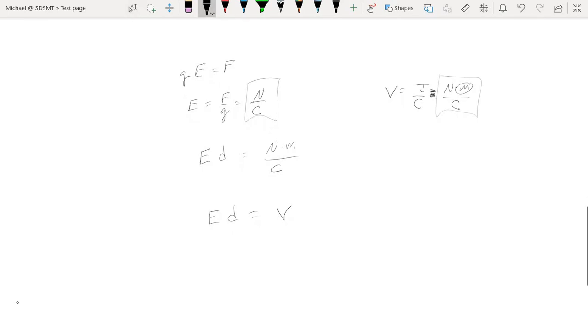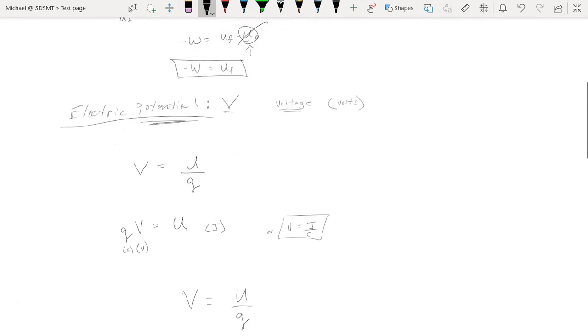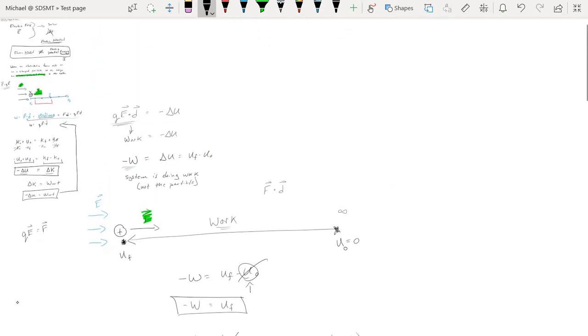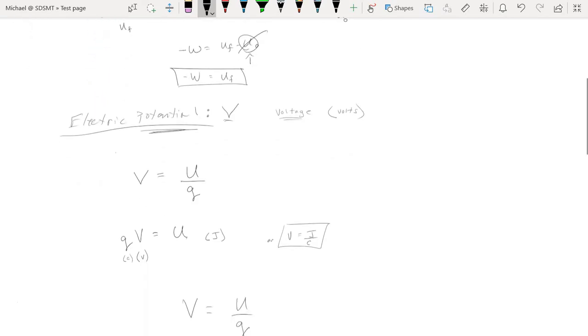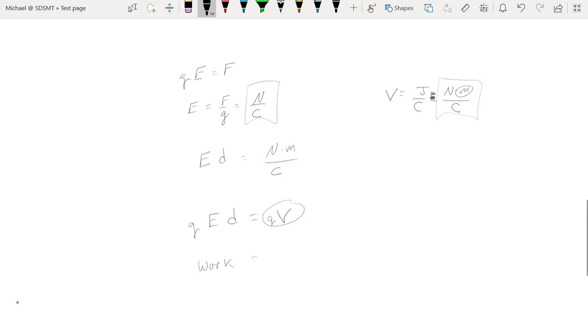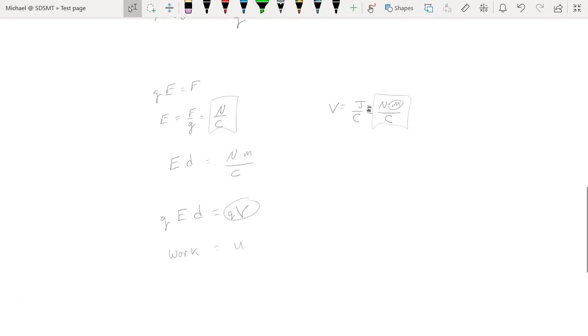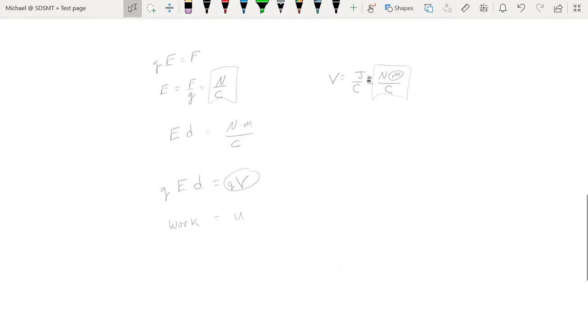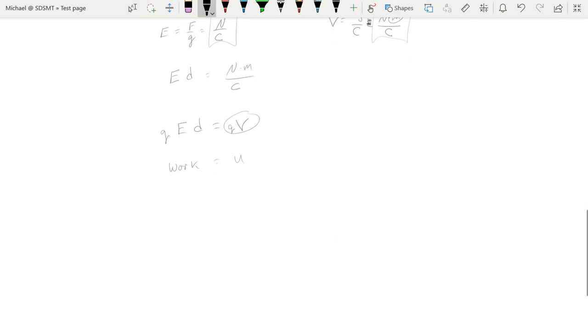Because all that's required at this point is we could sneak a Q in front of everything, and this turns everything back into work, which is what we had way up at the top here. Work was QED, and it was the change in potential energy. Well, Q times V, that's our potential energy term.